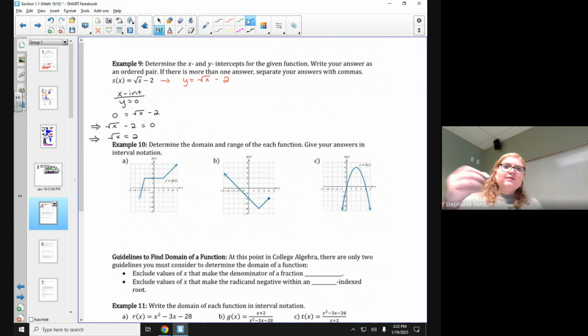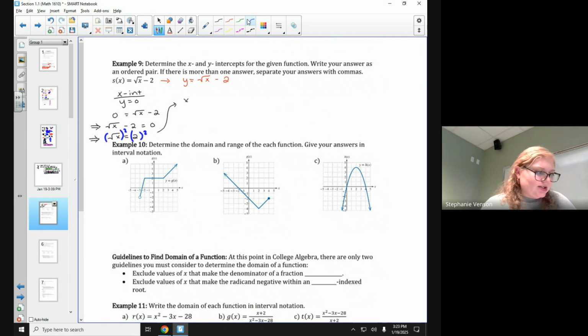And then to get rid of a square root, I would have to square both sides. Okay, so that gives me x equals 4. So I only have one x-intercept because I only got one x value. So remember, the point is x comma y. So the point would be (4, 0).